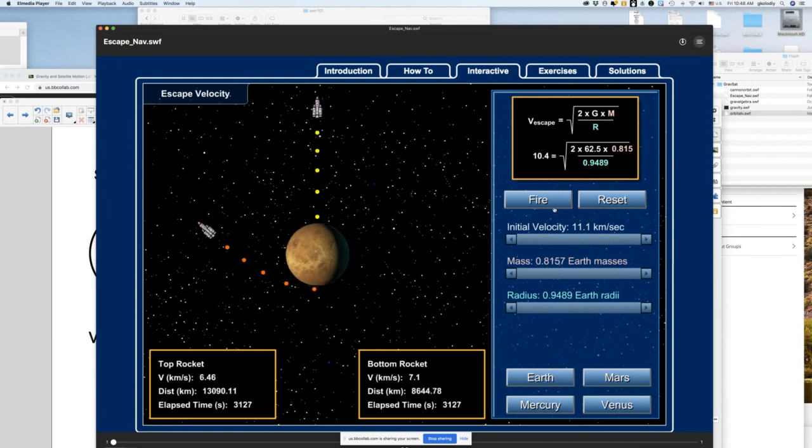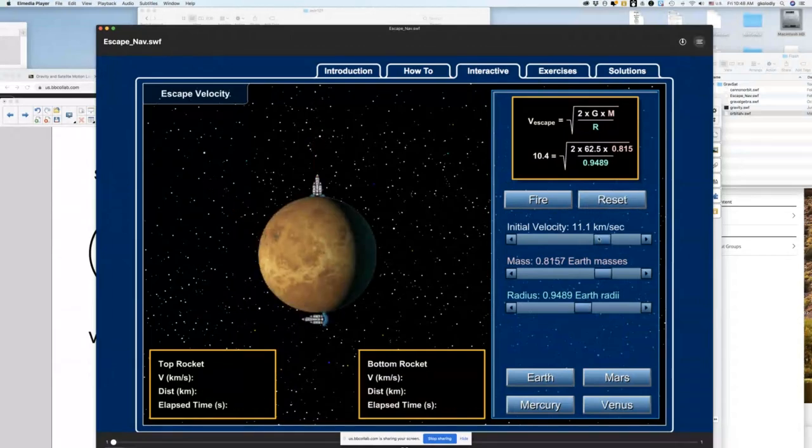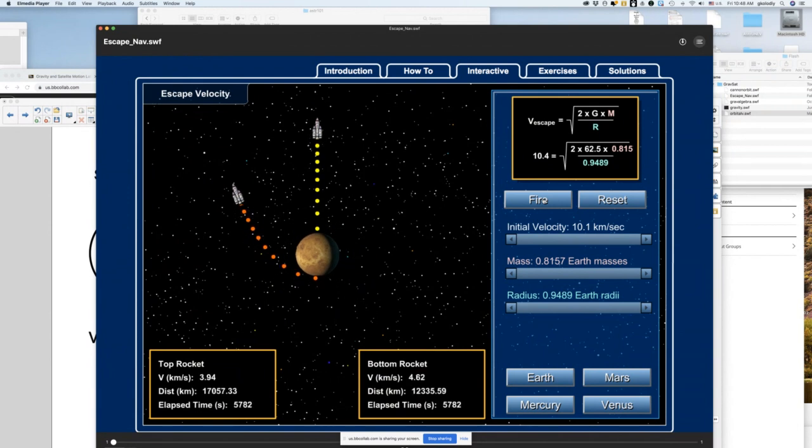So now you can see that it escapes. And if we fire it a bit less than that, for example, just 10 instead of 10.4, you see, it should not escape, it should eventually come back. It almost escapes, it's pretty close, but it almost escapes and we come back. Eventually it will come back. It's not going to make it around.